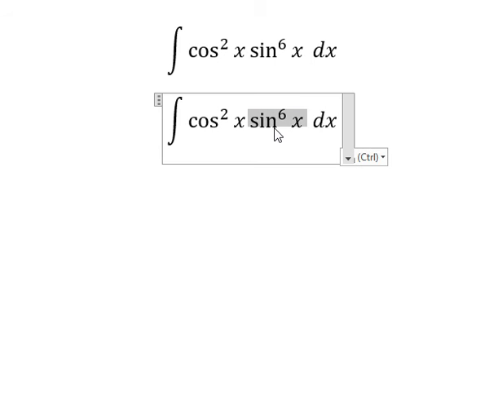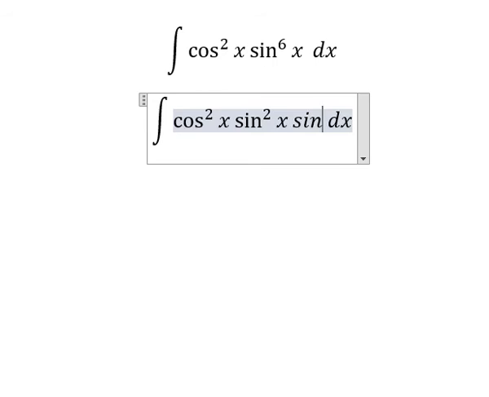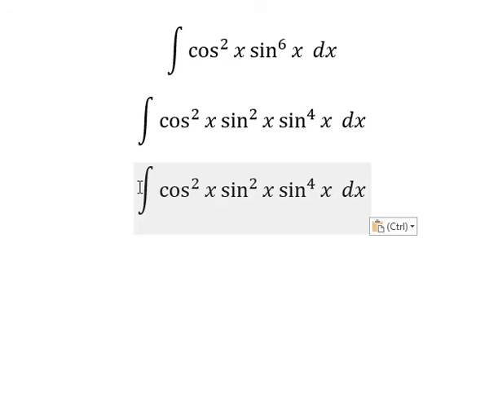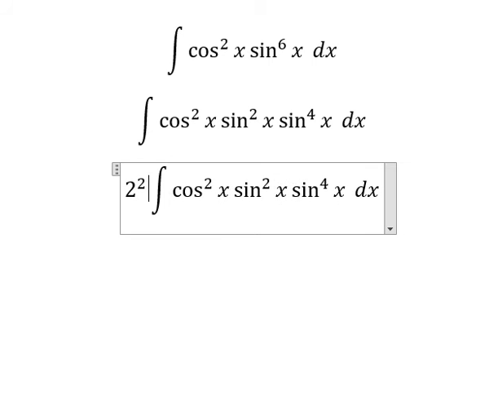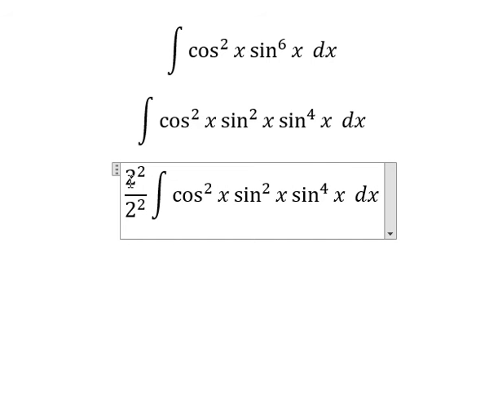About sin^6 s, we need to separate it into sin^2 s multiplied by sin^4 s. Next, we have 2 squared over 2 squared, because I want to combine 2 cosine s, sin s, everything to the power of 2.